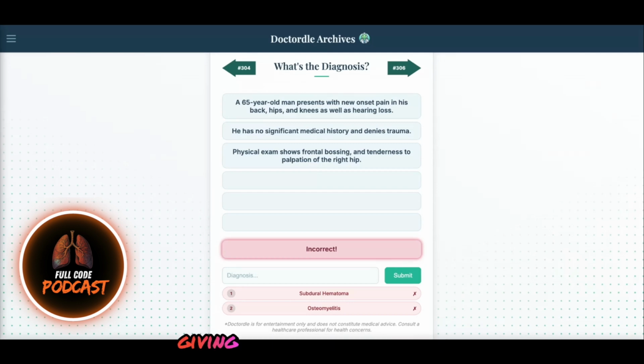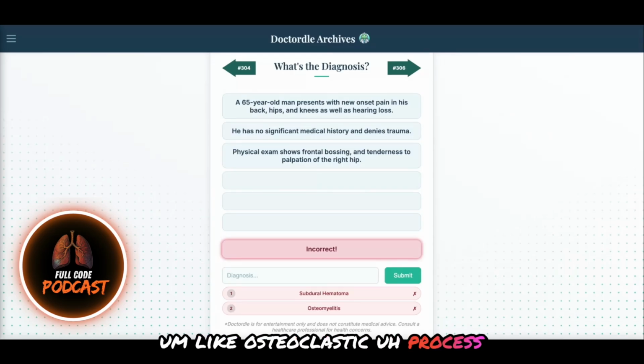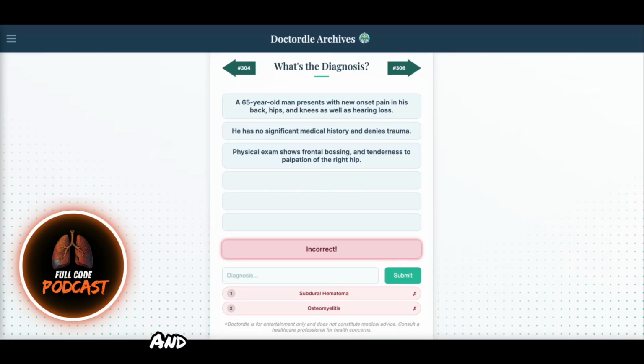This is kind of giving some evidence that there is a connection within. I don't want to give it away right away, but it's implying that there's an underlying osteoclastic process going on. And how do we know that?